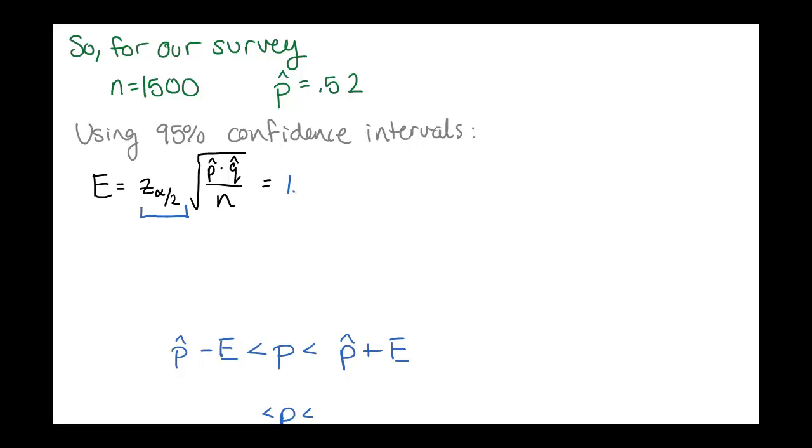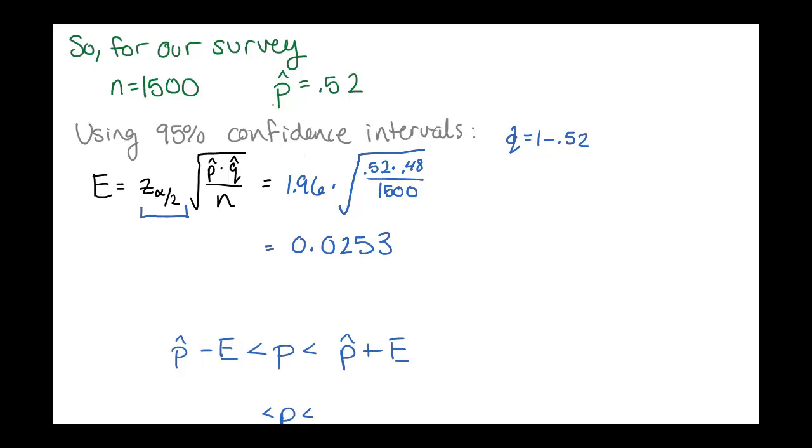This was 1.96 times the square root of p hat, which was 0.52, times q hat, which is, remember, 1 minus the p hat, or 0.48 in this case, all divided by our n value. This comes out to 0.0253. I'm rounding to 4 decimal places here.